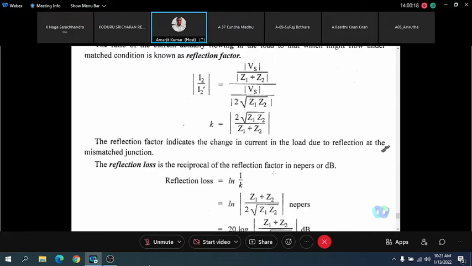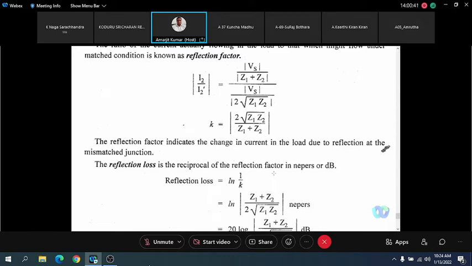And how is the reflection loss defined? Okay, reflection factor is calculated like this. How is the reflection loss calculated? This is defined as the reciprocal of the reflection factor in Nepers or decibel.